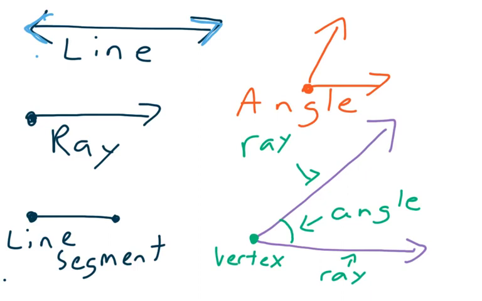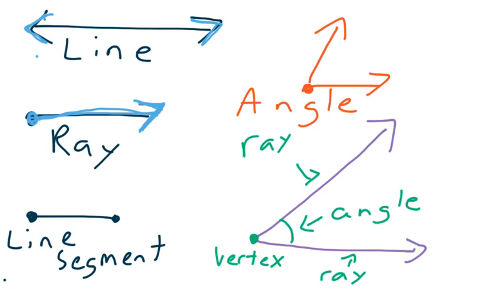Now, a ray is where you have an endpoint, and then the line keeps going on the other end. So lines go on forever on both sides, but a ray keeps going only on one side. They have a dot that ends it on one side.